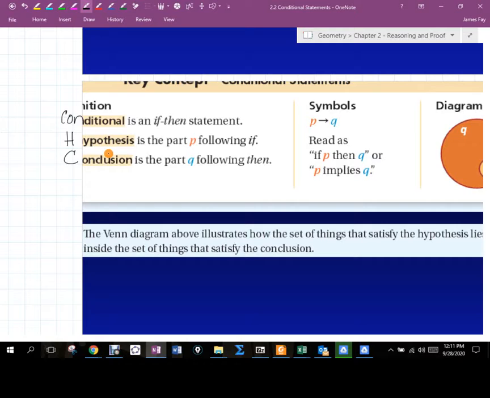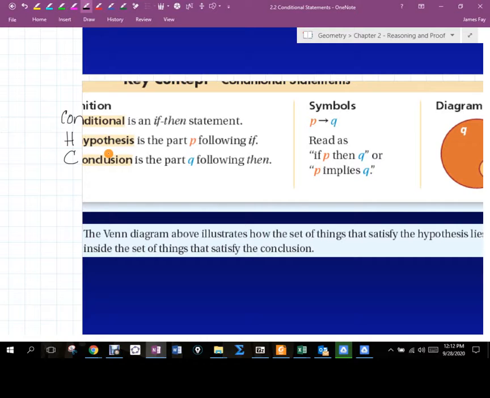The conclusion is the part following the word then. So I told her, then she can go to her grandma's. The only way she could get to her grandma's was if she met the first requirement in the if statement, that she cleaned her room. Does that make sense?